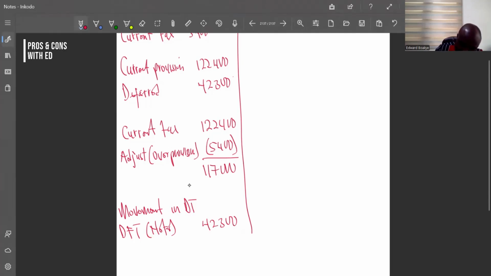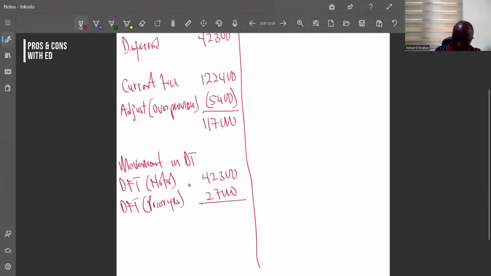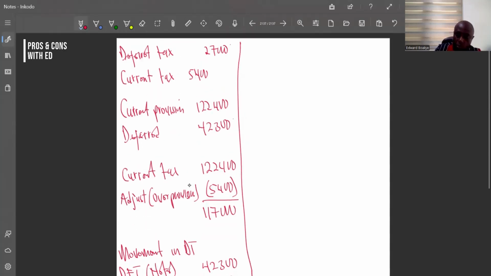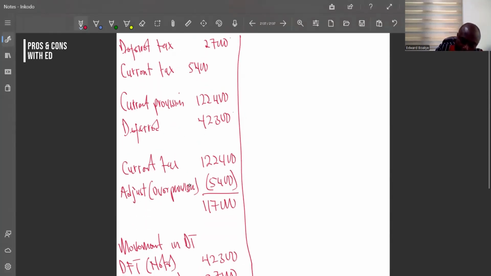But up to last year, our deferred tax in prior years was up to 27,000. So the movement in terms of the liability is 42,300 less 27,000. And that gives us 15,300. So what are we going to recognize in our P&L?